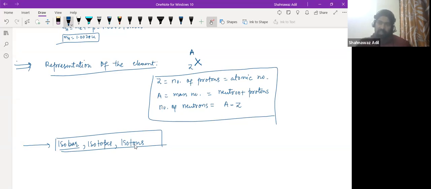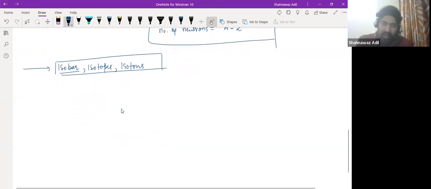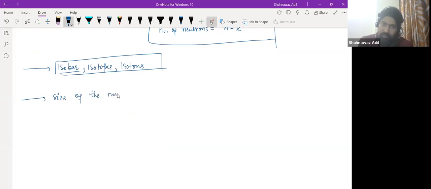And then we talk about the size of the nucleus. The size of the nucleus is represented by R, and it is proportional to the mass number to the power 1/3.